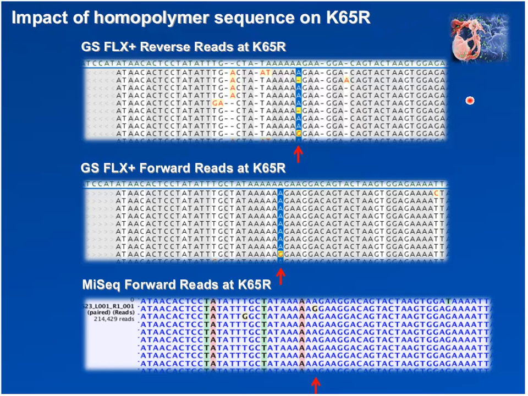What we found with specimens of HIV subtype C on the GS FLX Plus, when we align the sequence reads after sequencing individuals who are subtype C in the HIV-RT region, is that there are numerous insertions and deletions in the regions surrounding the K65R codon.